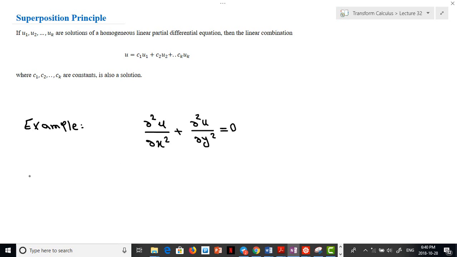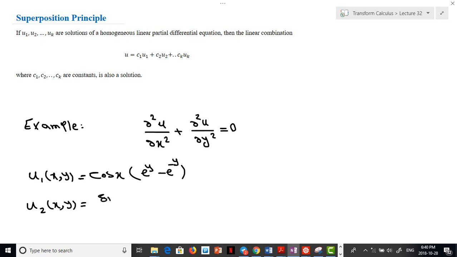One solution is cosine x times e to the power of y minus e to the power of minus y. The other solution is equal to sine y times e to the power of x plus e to the power of minus x.